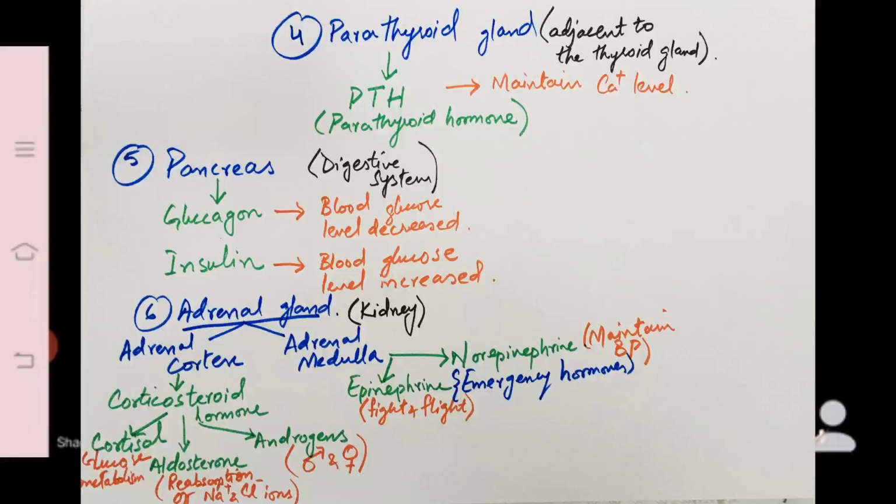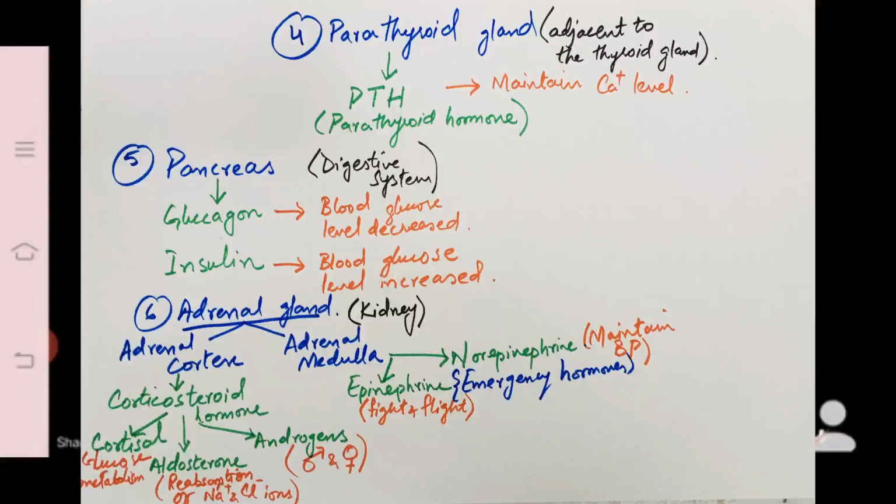Why are they called emergency hormones? Because epinephrine is responsible in conditions like fight and flight, while norepinephrine is also involved in this process, but the other function of norepinephrine is to maintain the blood pressure of the body during this condition.